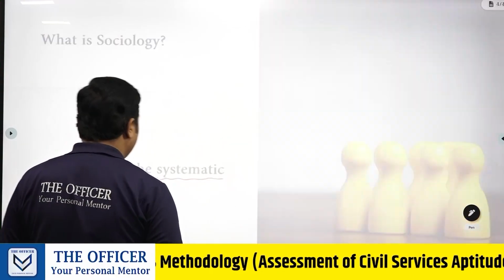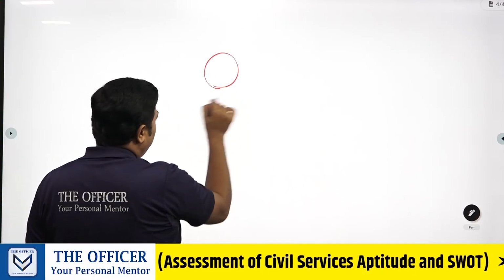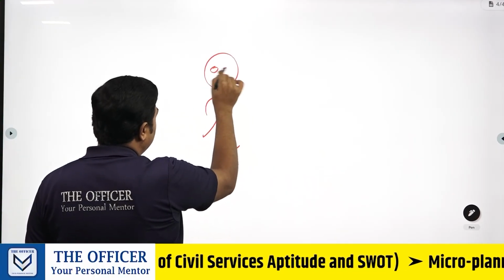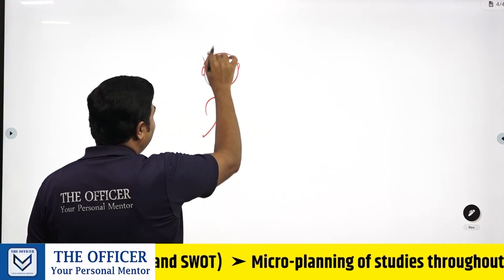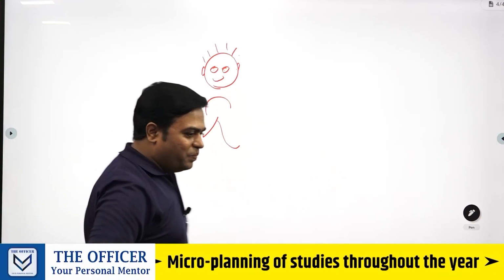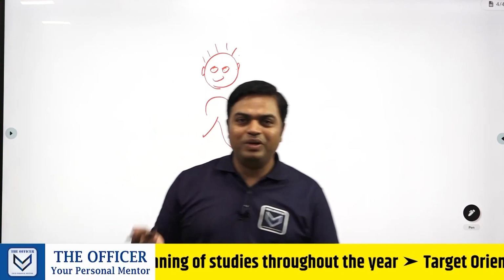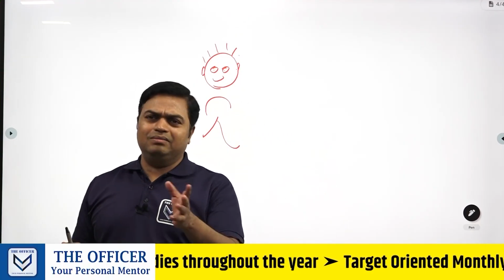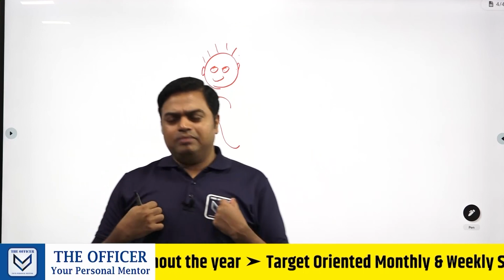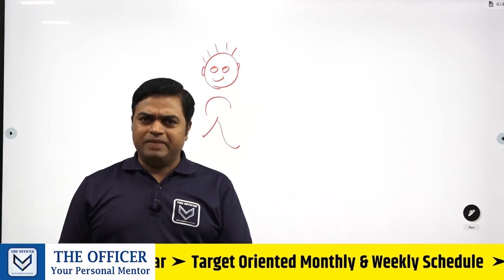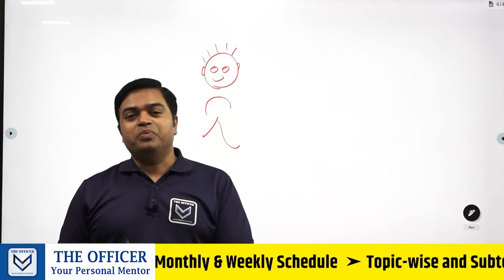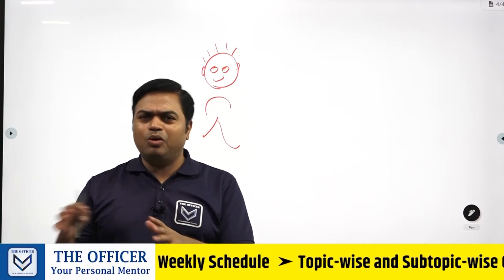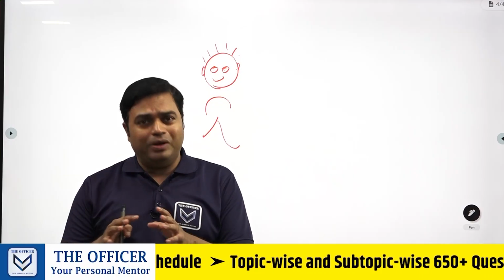For example, just take the example of yourself. Suppose you are handsome and smart. Your parents know you, your friends know you even better than your parents, and your neighbors and all those people know you very well.